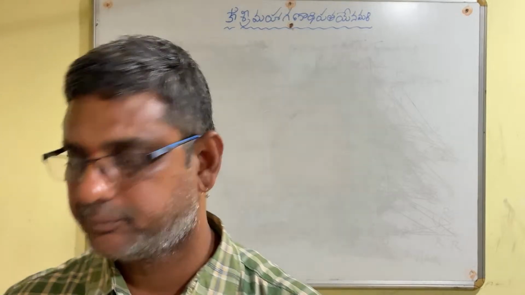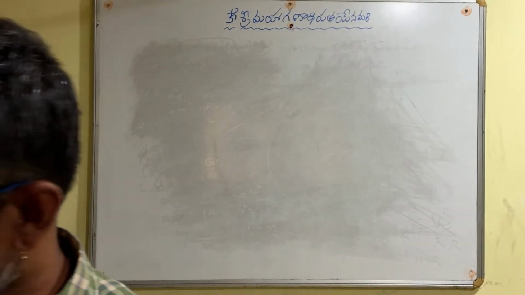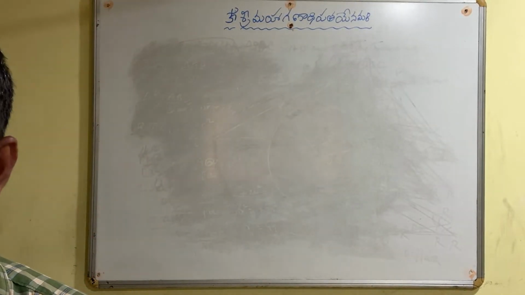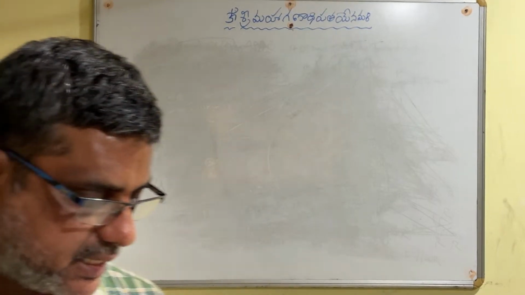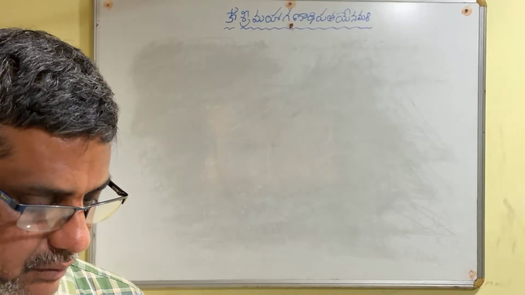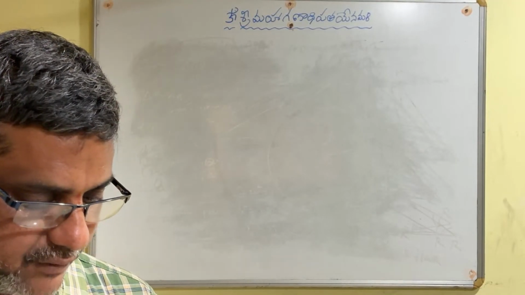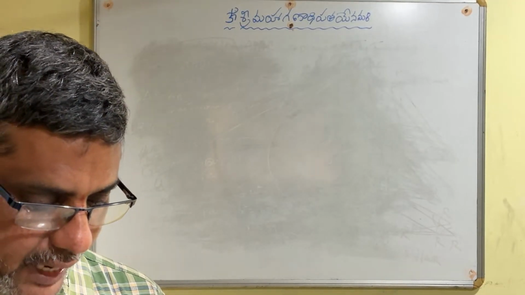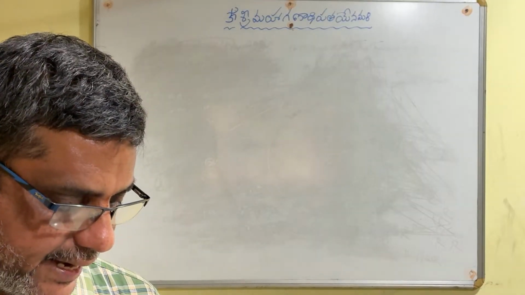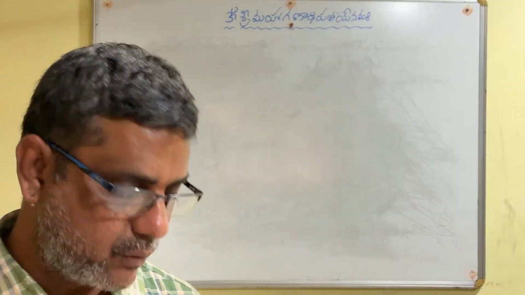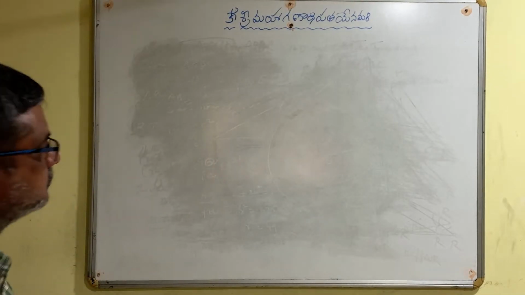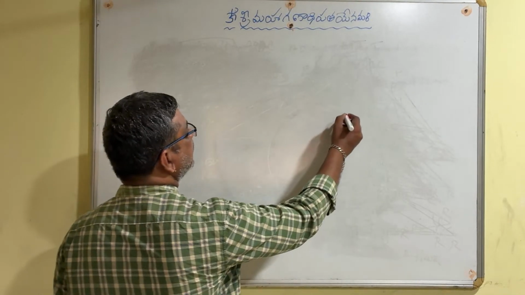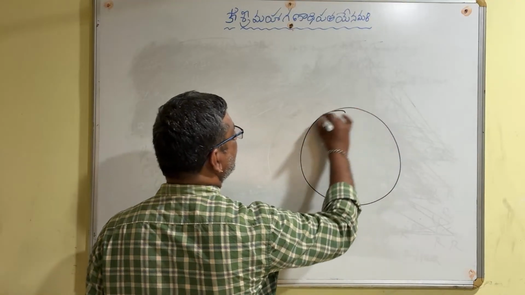Next question. Question number 3. Tangents PA and PB are drawn from a point P to the circle with center O, inclined to each other at an angle of 80 degrees. What is angle POA? Try to understand the question.